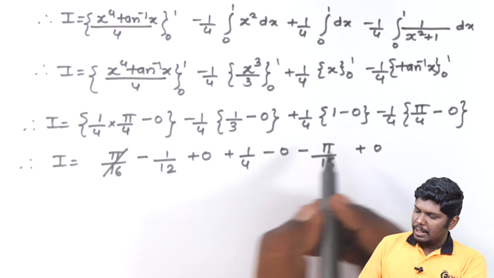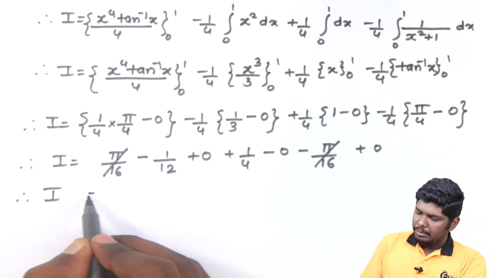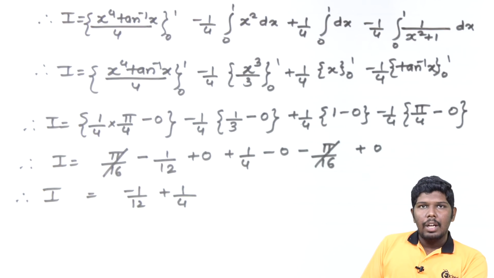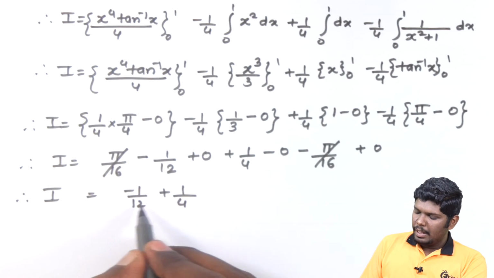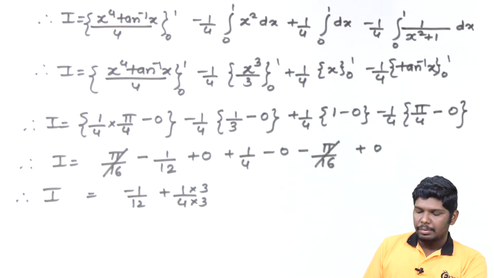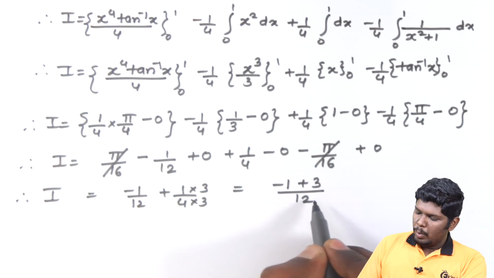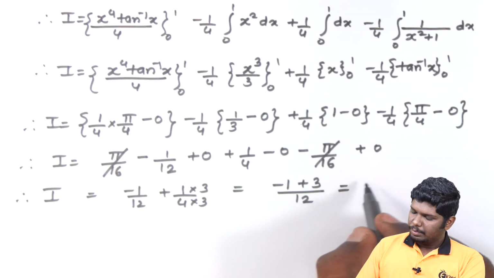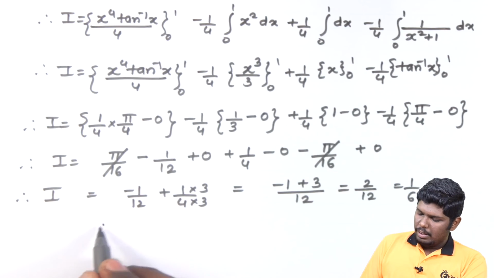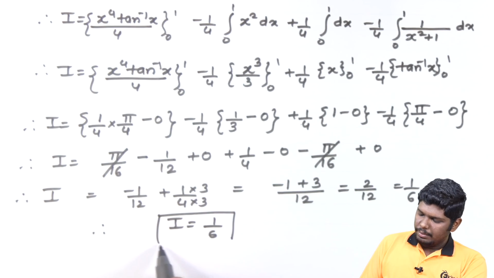Here you can see pi by 16 minus pi by 16 will be cancelled and the remaining part will be minus 1 by 12 plus 1 by 4, which can be solved by the LCM method. Taking 12 as the LCM, we can multiply this by 3. This will give you minus 1 plus 3 upon 12, which is equal to 2 upon 12, that is 1 by 6. Therefore I is equal to 1 by 6 is the final answer.